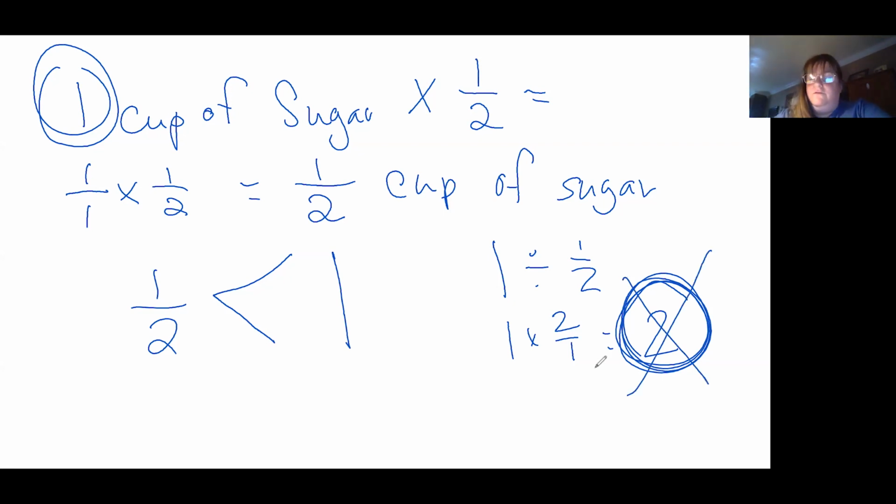So when you are converting your recipes, make sure that your answer makes sense to you. If you're increasing the amount of cookies you're going to make, you want to make sure that you're using more ingredients. If you are halving your recipe, you want to make sure you're using less ingredients. So make sure you pay attention to that, okay, guys?